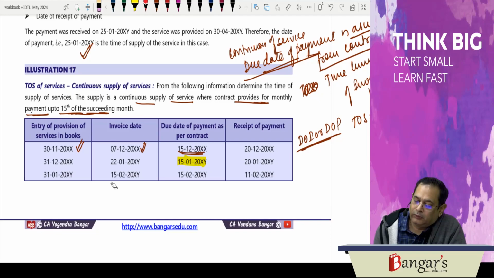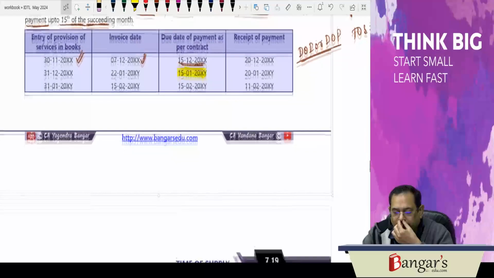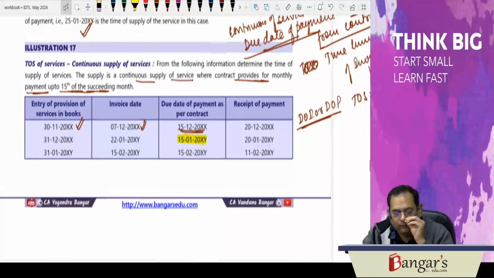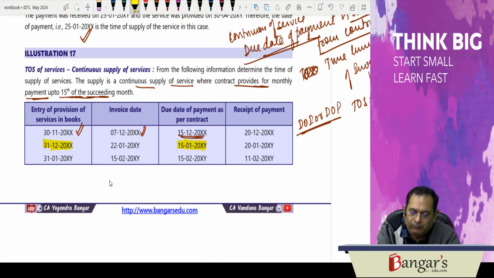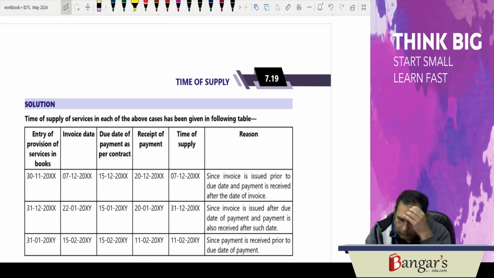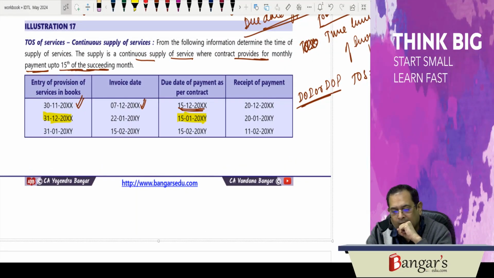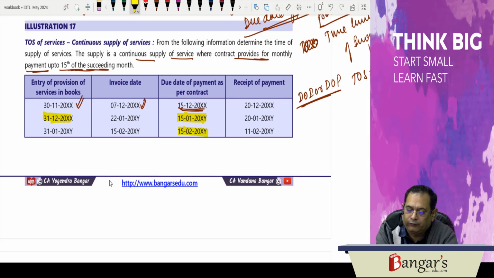Since the invoice has not been issued on or before the particular date, the time of supply will be the date of provision of service or the date of receipt of payment, whichever is earlier. So in this case, it will be 31st of December.